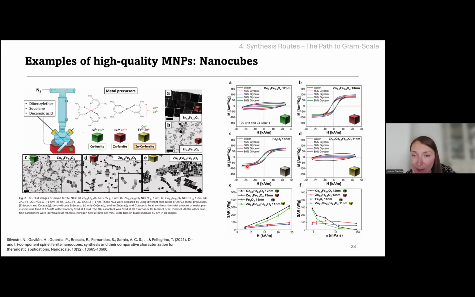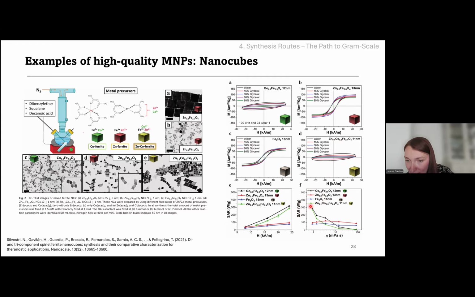And iron oxide and zinc ferrite still had a nice, open hysteresis loop, and this is why you have a much more stable SAR for higher viscosity values, okay? In the case of zinc and cobalt, since you have some cobalt, the hysteresis loop is nearly closed, okay? And this is what you see in this graph with the SAR values for different viscosity parameters.